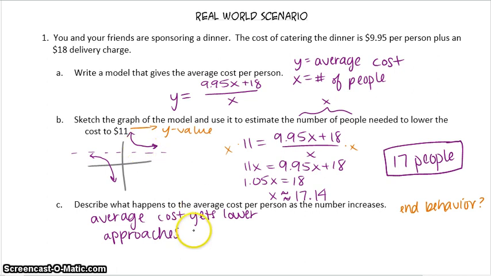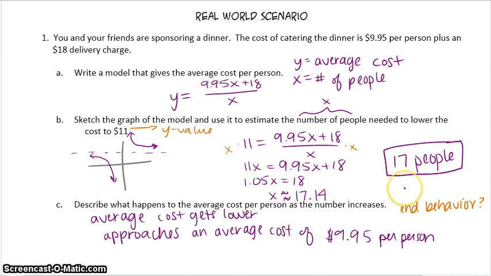That means it approaches an average cost of whatever our horizontal asymptote is, which in this case is our $9.95 per person. But we knew that because our horizontal asymptote, I'm going to write a little note down here, is y equals 9.95.